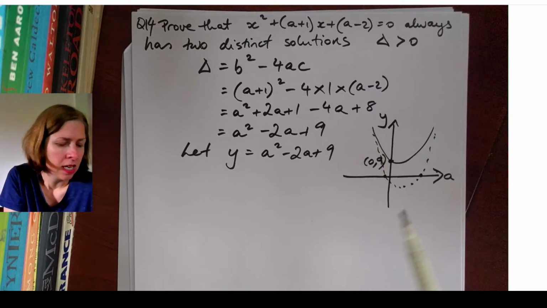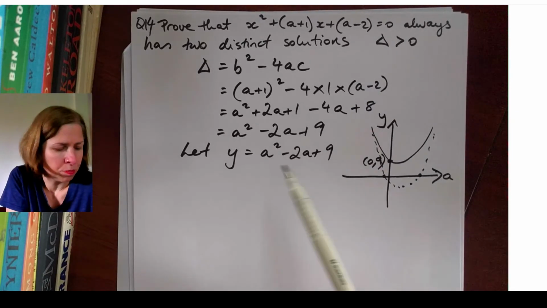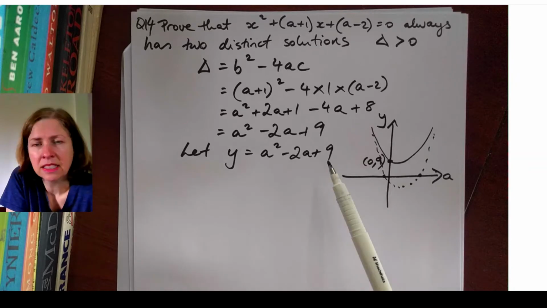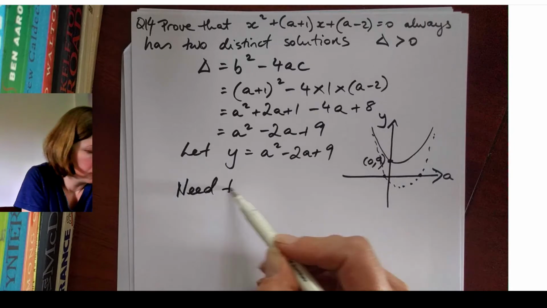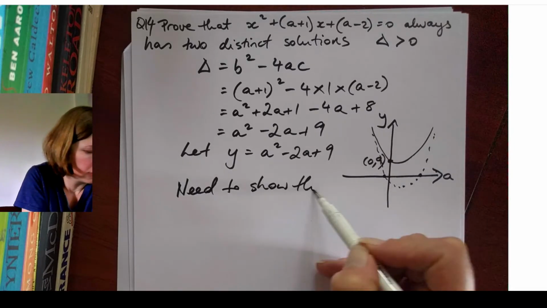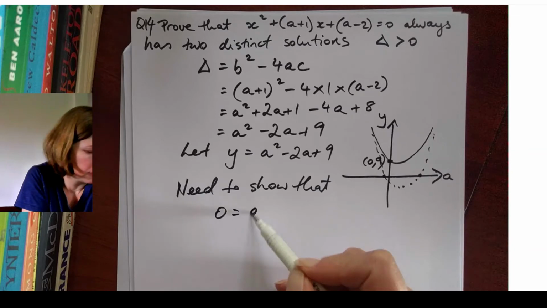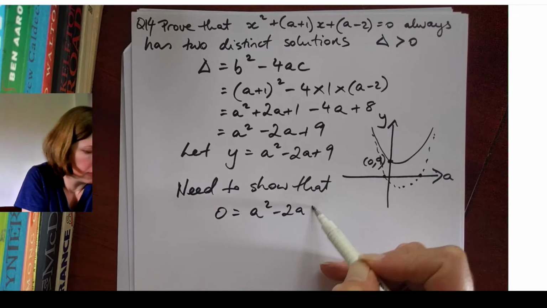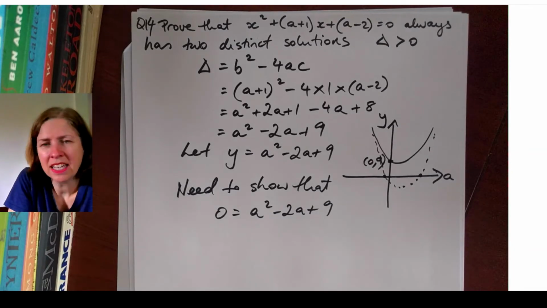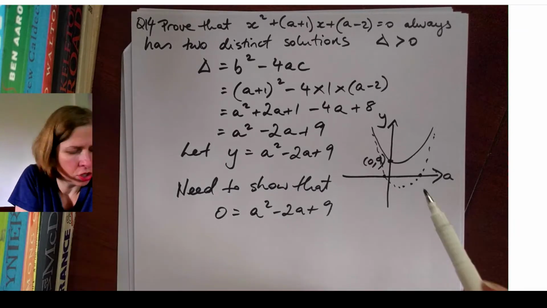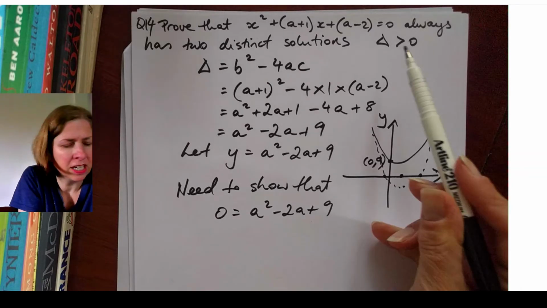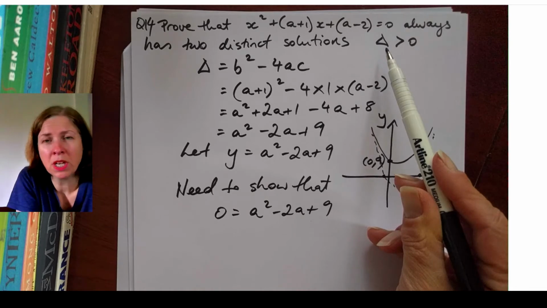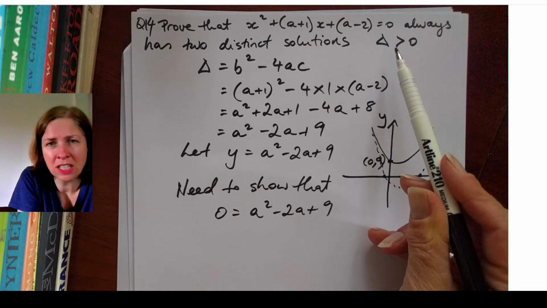So I need to show that this expression, if I let it equal to 0, has no solutions. Not one solution, because if it has one solution, then it will touch the a-axis and there will be a value for a which gives me the discriminant equals 0. I need it to be always greater than 0.